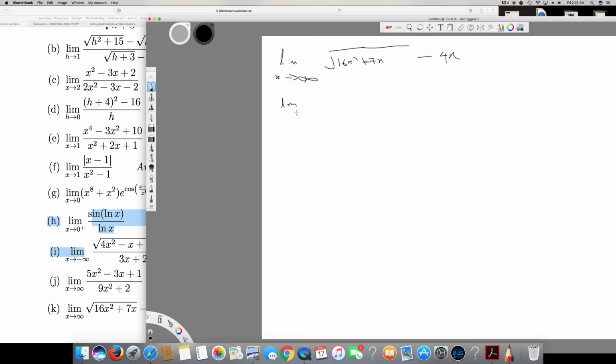So limit as x approaches infinity. In this case we can get rid of this square root by multiplying by the conjugate, plus 4x.